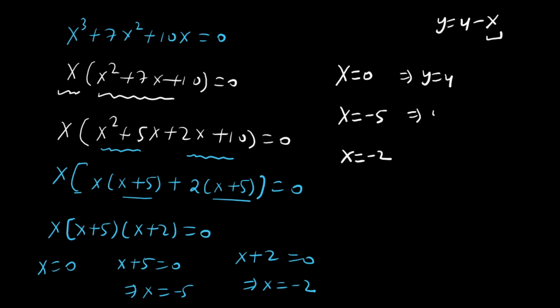If x is replaced by minus 5, the minus multiplied by minus gives plus 5, and 5 plus 4 is 9, so y is 9. If x equals minus 2, this implies y equals 6. This is our final answer.